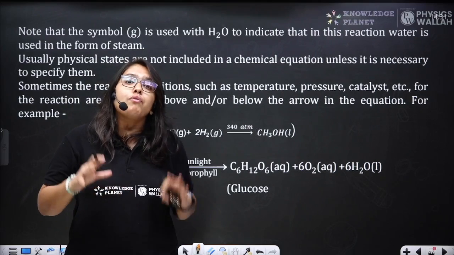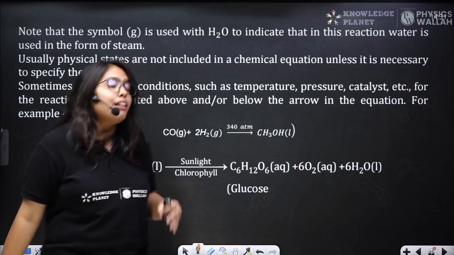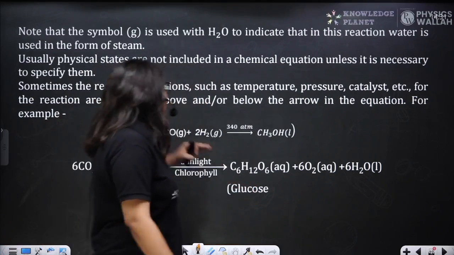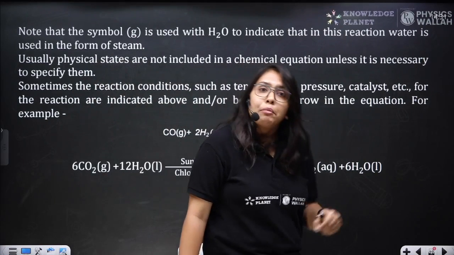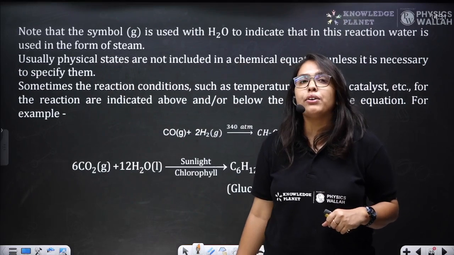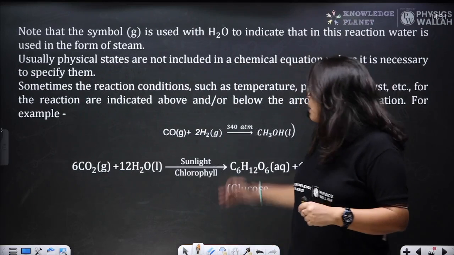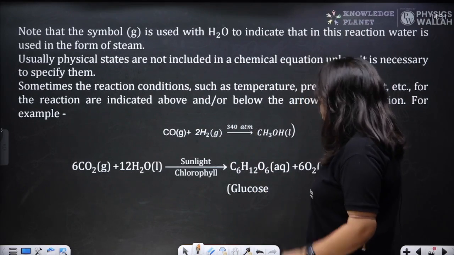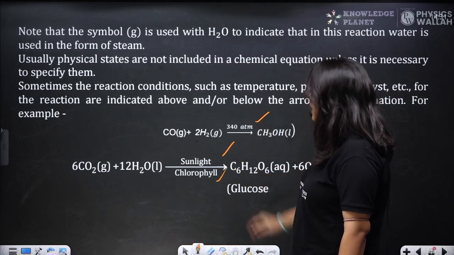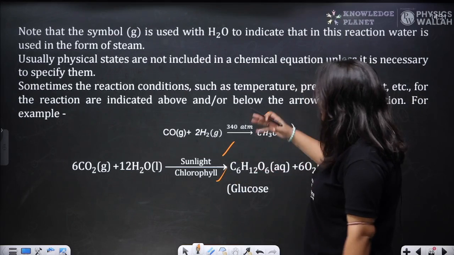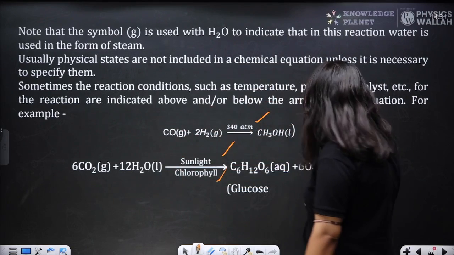Alright, so we have a catalyst and we write this catalyst above the arrow. Sometimes certain pressure conditions, temperature conditions are also required. That also we write above the arrow over here. So as you can see, mentioning the states, mentioning the conditions, the criteria, above the arrow completes the given equation.